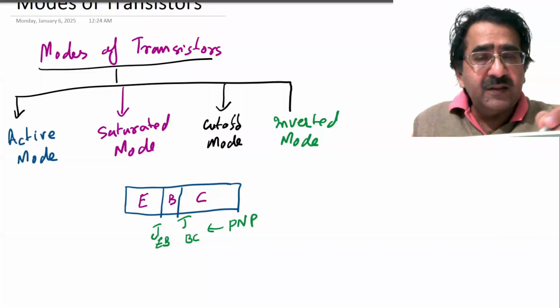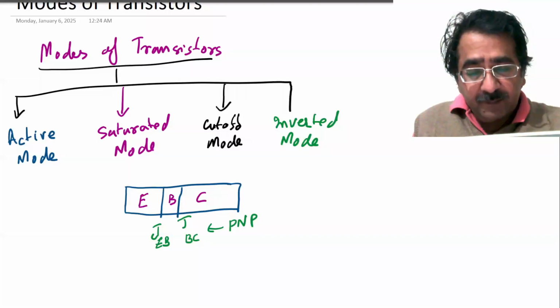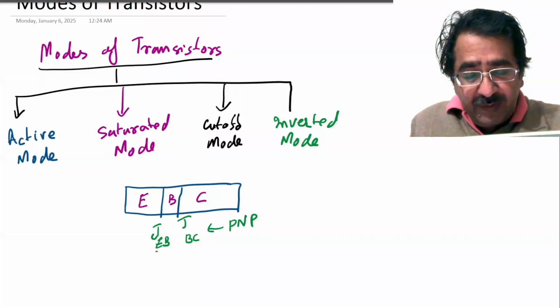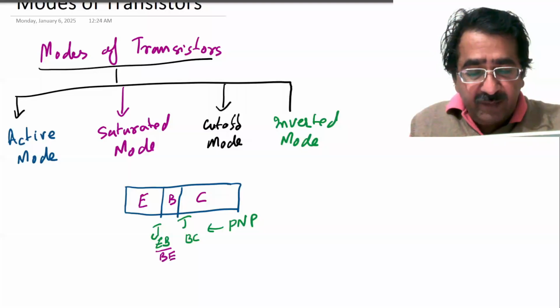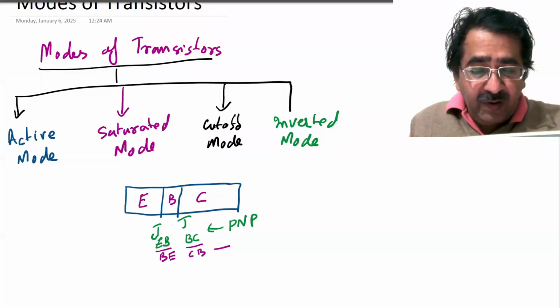For an NPN transistor, this order will be reversed, and it will be CB.